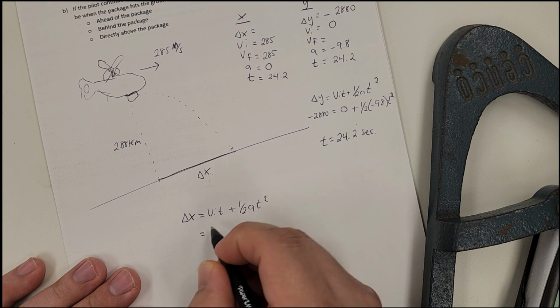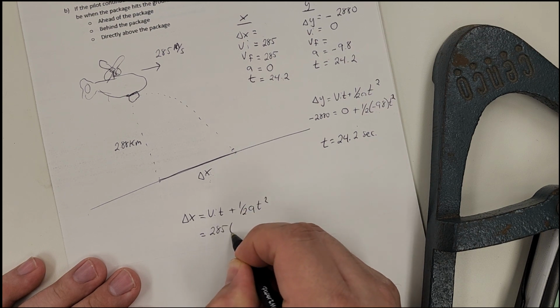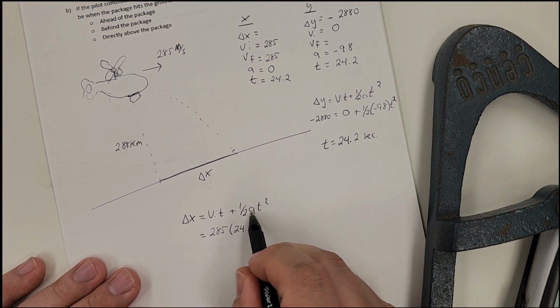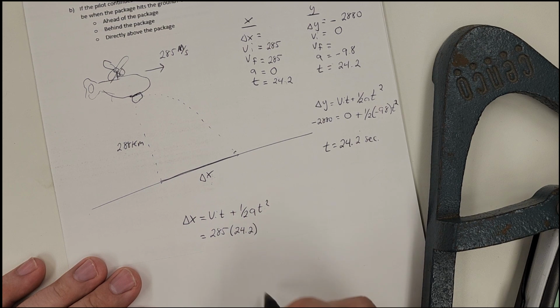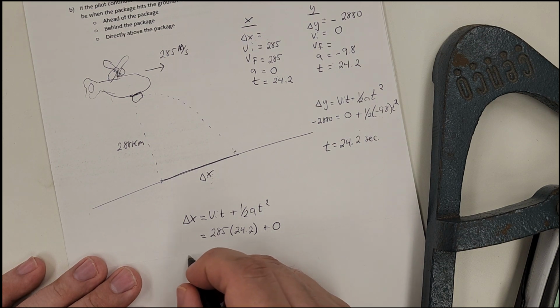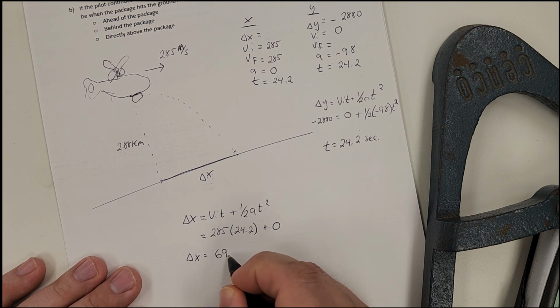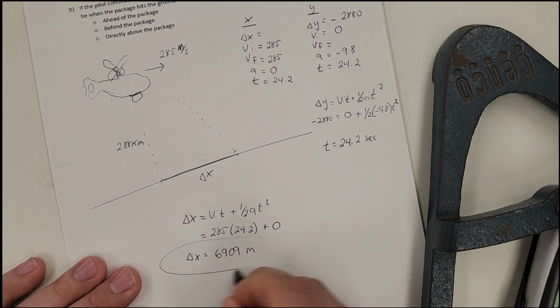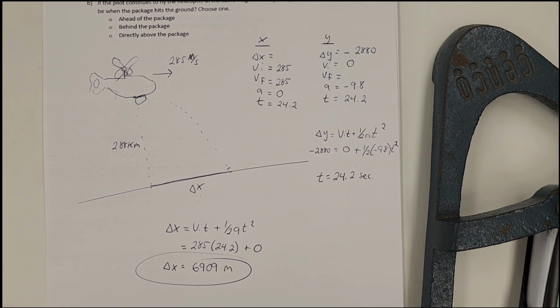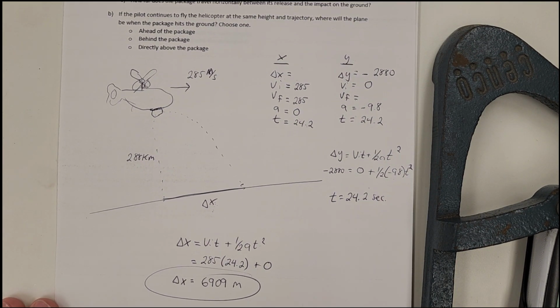Change in x then is equal to 285 times our time of 24.2, and then 1/2 a t squared. The a is 0, so it's going to end up being 0 here anyway. If we do that computation, we end up that the change in x is equal to 6,909 meters. That one was a bit of work, but we got there. Change in x, 6,909 meters.